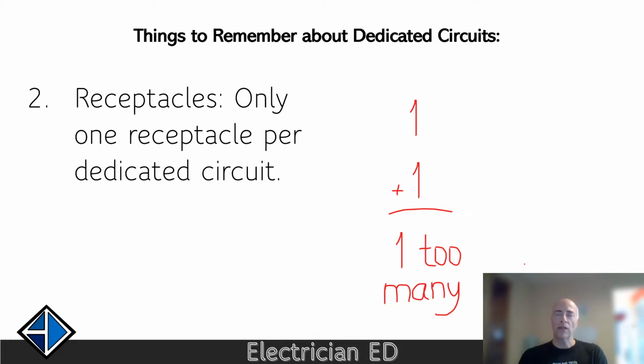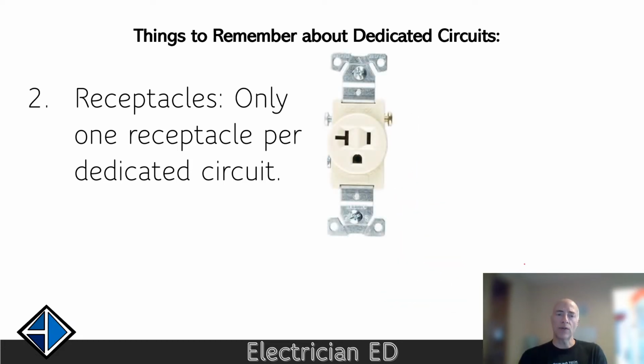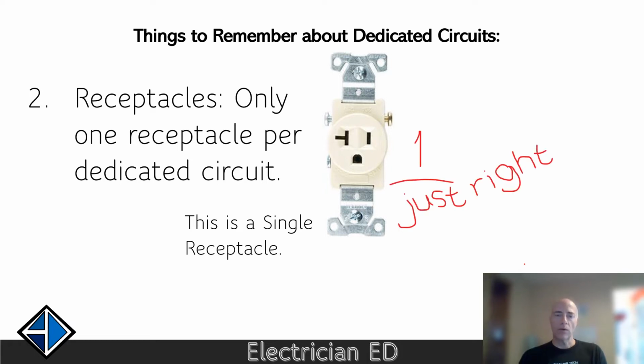So technically, you can only have a single receptacle like this one on an individual branch circuit. That's designed for only one attachment plug. This is perfect for an individual branch circuit or a dedicated circuit.